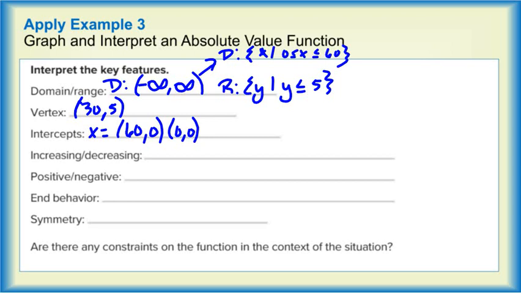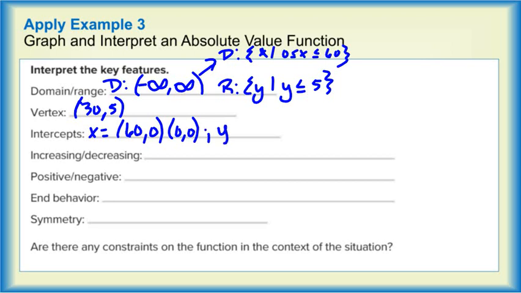So once he hits 0 minutes, he's at his house, and he went 0 distance. But if he goes 60 minutes, then he would be at 0 distance, which means he's back at home.